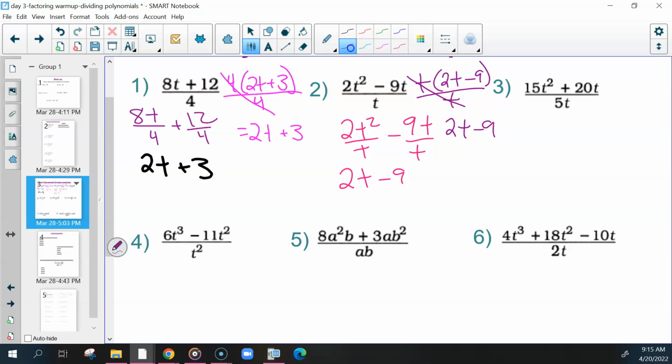I'm just going to use the factoring method, but if you want to keep using the dividing method, that's fine. Why do you not keep the t? Because we're subtracting the exponents. We did 2 minus 1 to get 1.